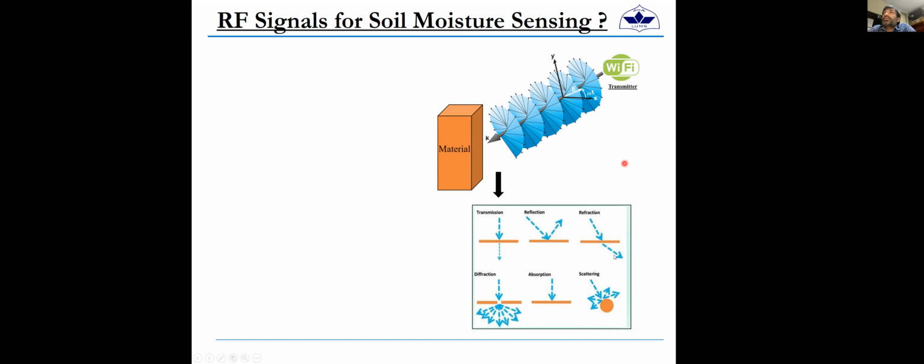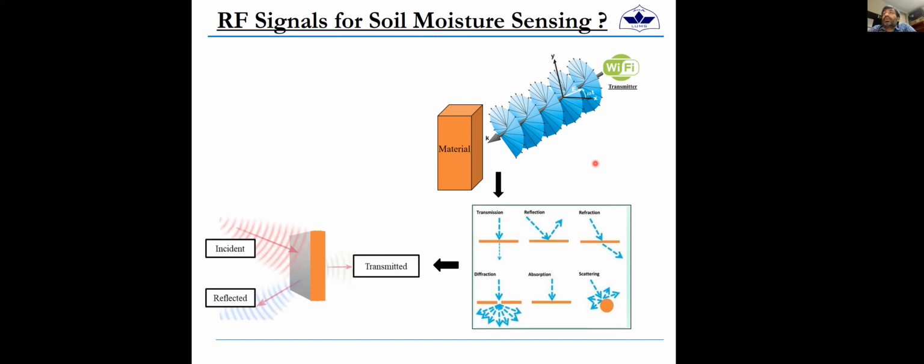The point is, these six mechanisms actually happen, and we can combine them into two things which are useful for our application. So you have an incident wave, something like this, which is going to hit this material.